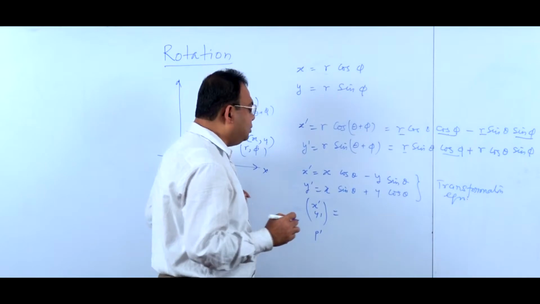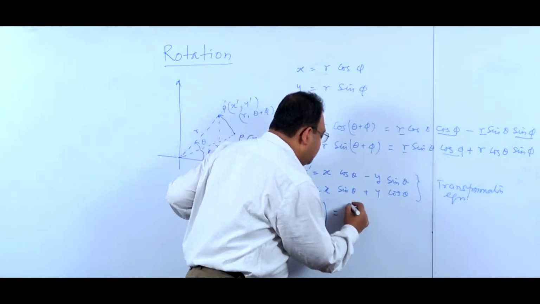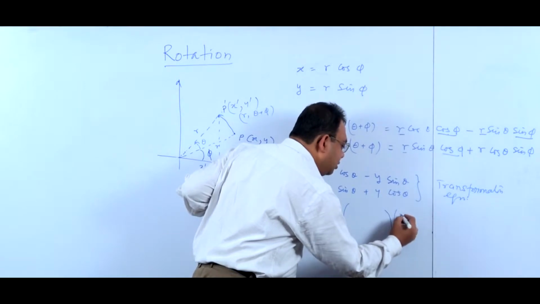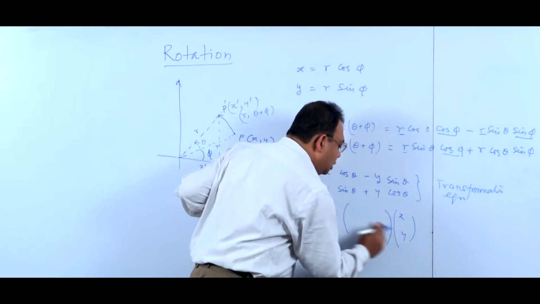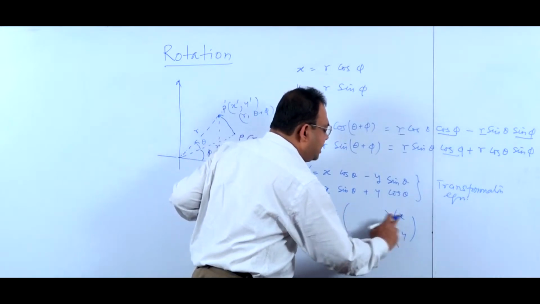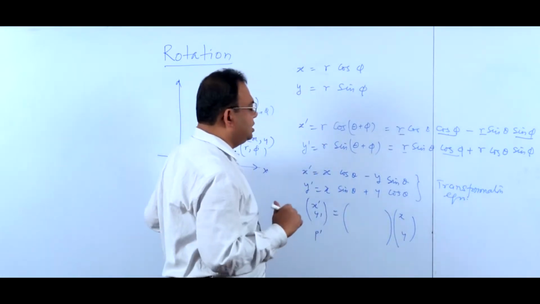So we have to have some operator matrix multiplied on xy, so that if we multiply these two, these transformation equations will be obtained.